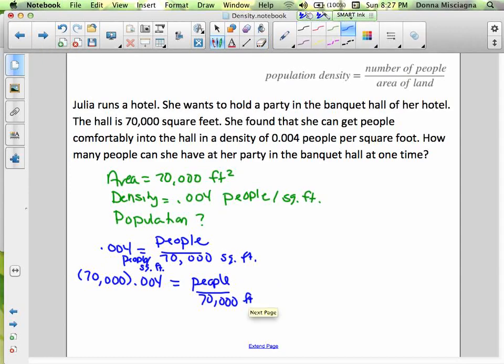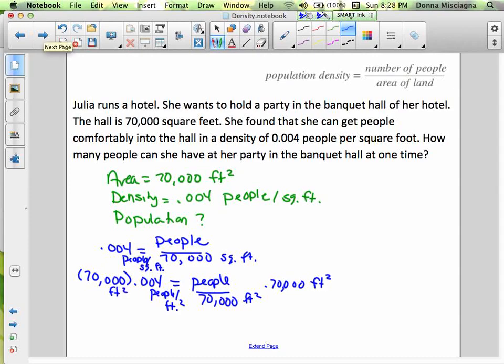Actually, I can also write it like this, feet squared. This is people per feet squared, and this is 70,000 feet squared.